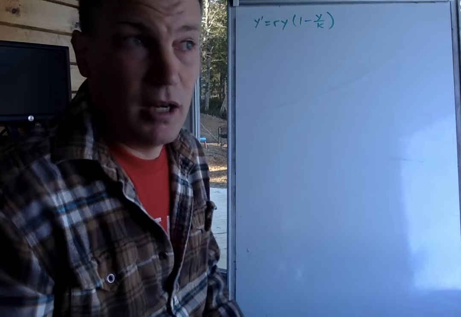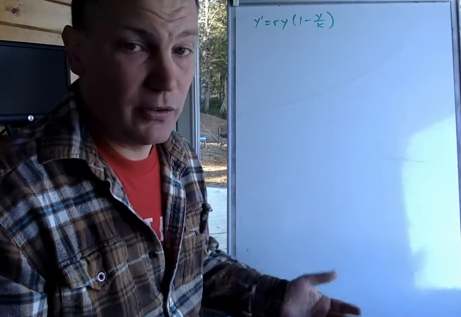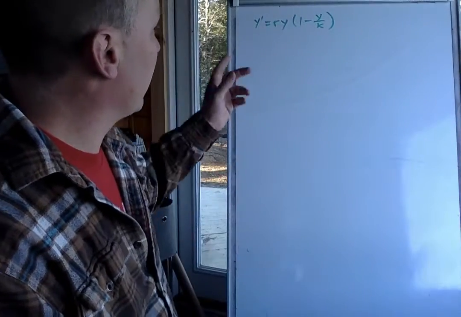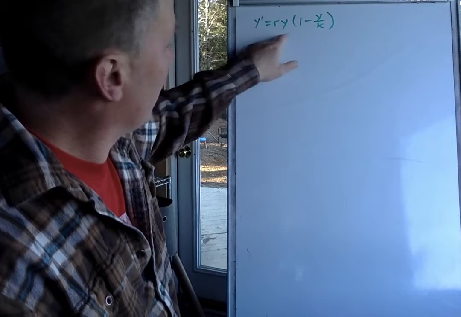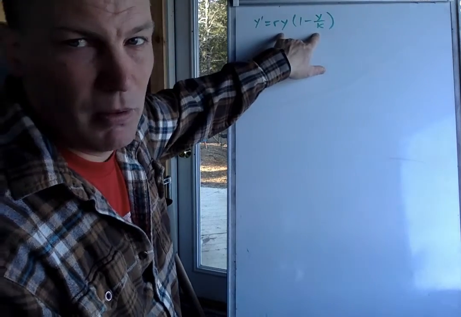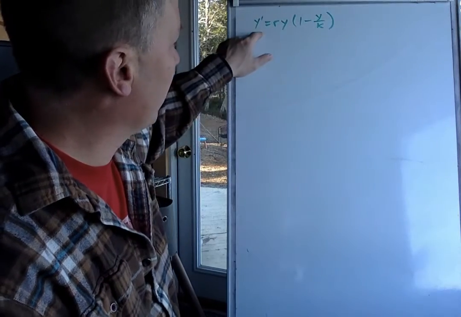This is a pretty long solve, but I want you to see it. So we know that this is a separable differential equation. We should be able to look at this and realize that if we multiply this out, this would just be a y squared thing. So this is like a quadratic equation with a derivative in it.